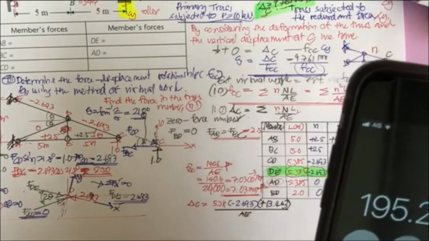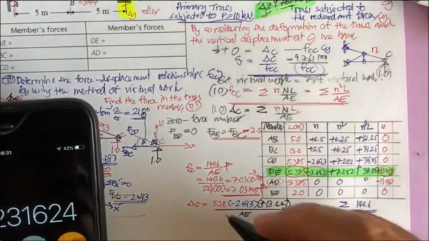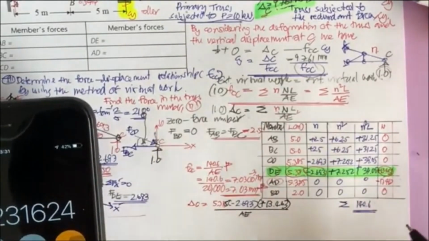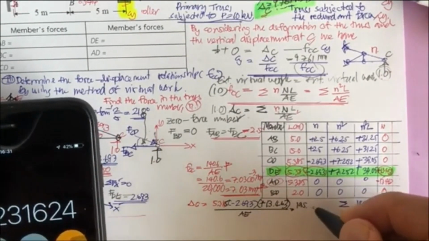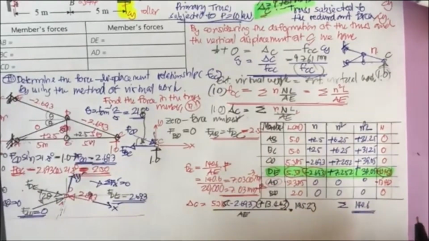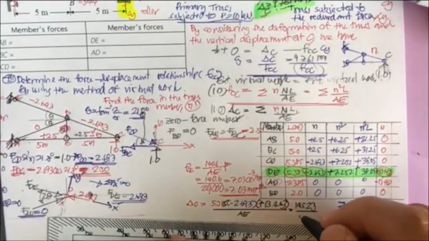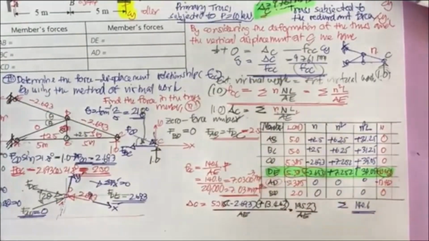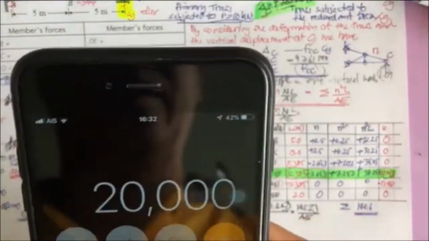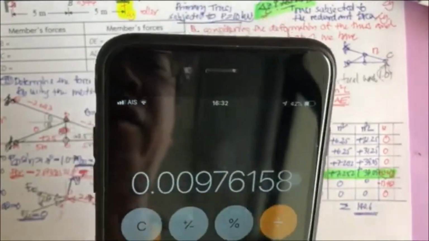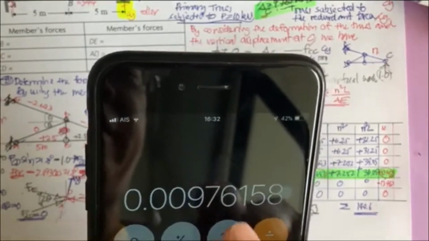That is going to be 195.23, divided by AE, and you're going to divide it by 20. That is going to be 9.762.